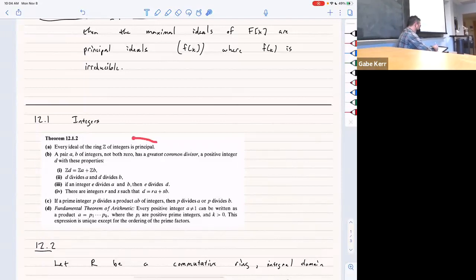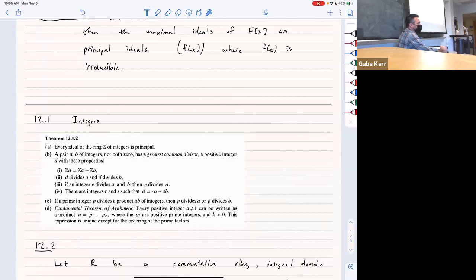In particular, this first one. The proof that any ideal, the basic idea being that you take the smallest guy in your ideal, but there needs to be a notion of the smallest element of your ideal.